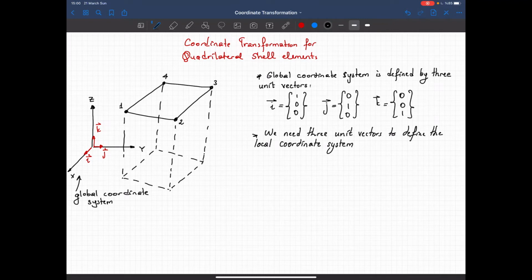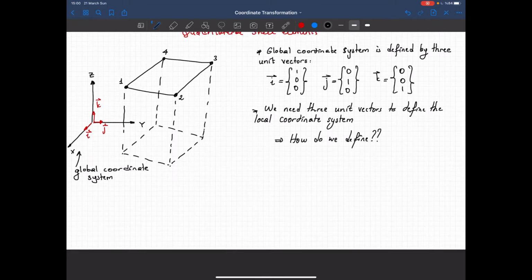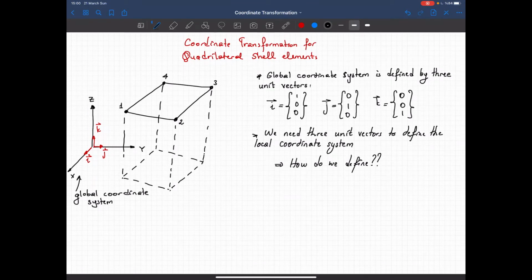The question here is, how do we define this? There are actually two approaches for this. Let's take a look at approach 1.